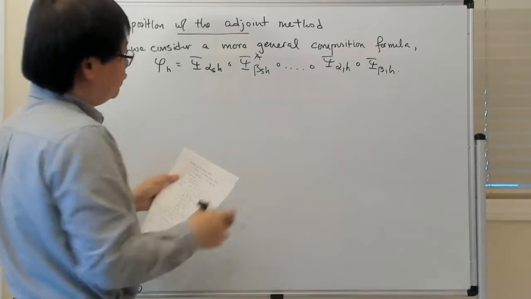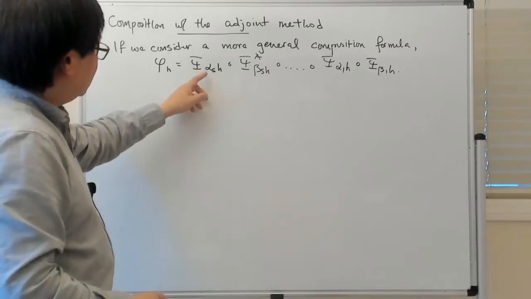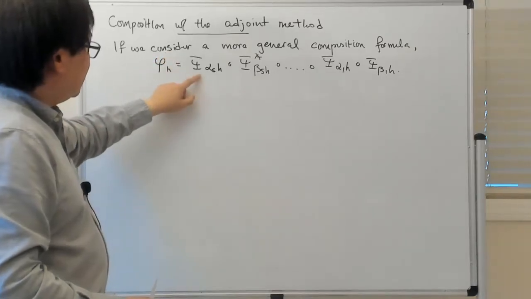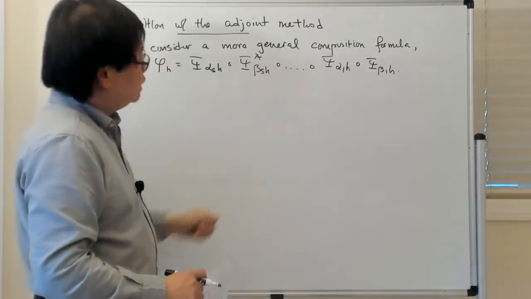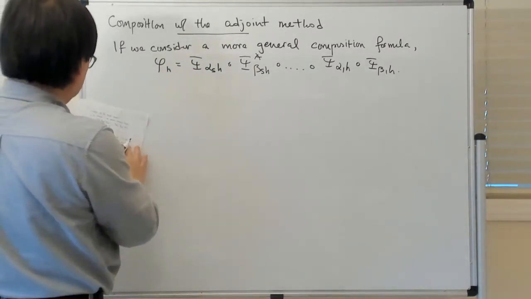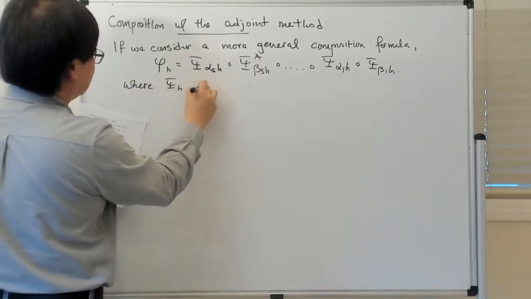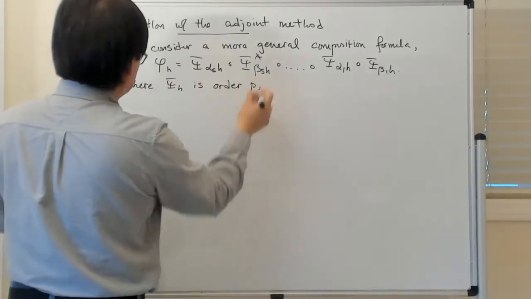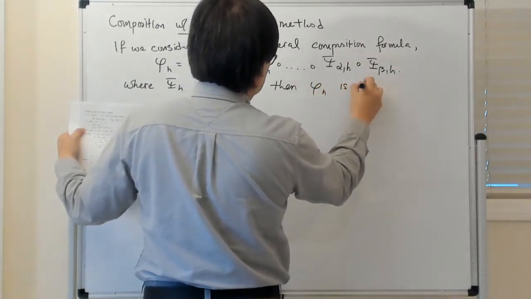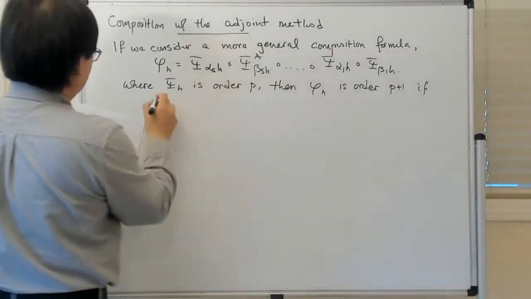So there's a pair of sequences of step sizes. The alphas correspond to the step sizes for the underlying one-step method, and the betas correspond to the step sizes for the adjoint. So if you consider a general composition formula where the original one-step method is order P, then the composition is order P plus 1 if the following conditions hold.